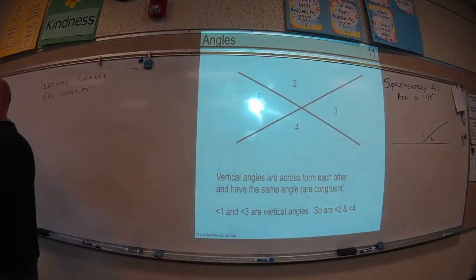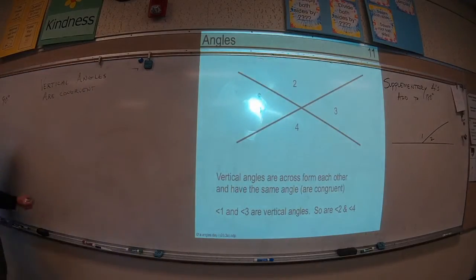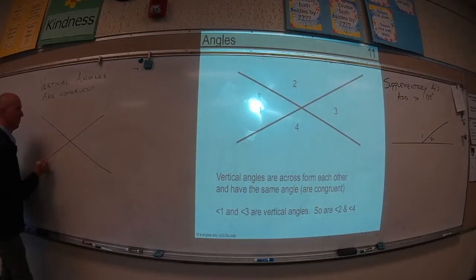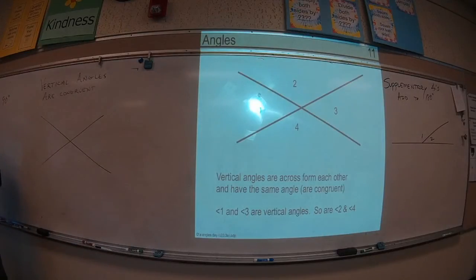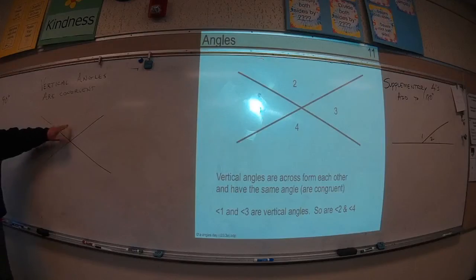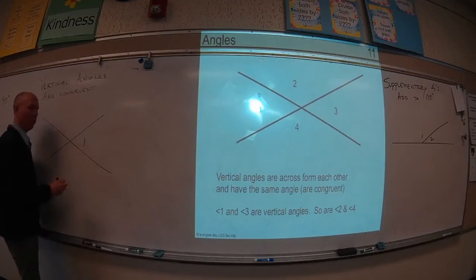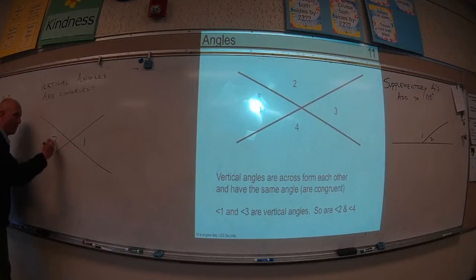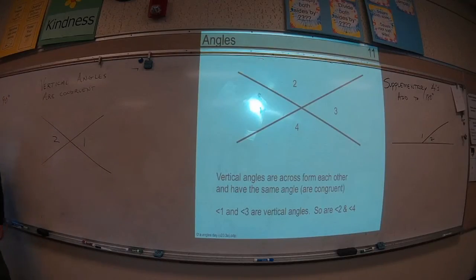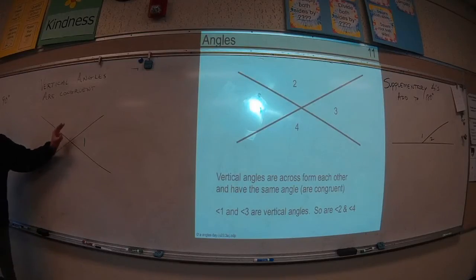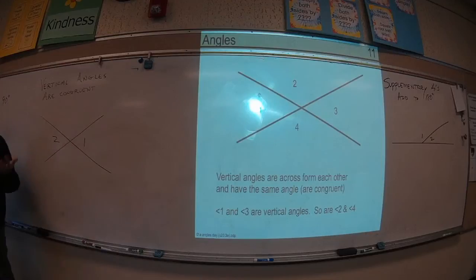So I'm going to just cross two lines. It does not matter which angle I choose. Angle 1 and 2 are vertical angles. They're congruent too. You see it? They're both the little angle. You got the obtuse and the acute. Those two are the same angle, same measurement. 1 and 2 are verticals.